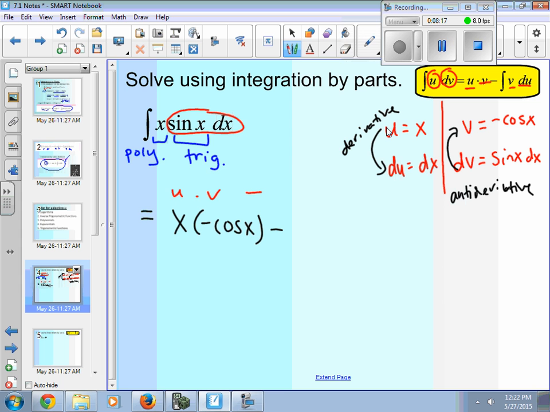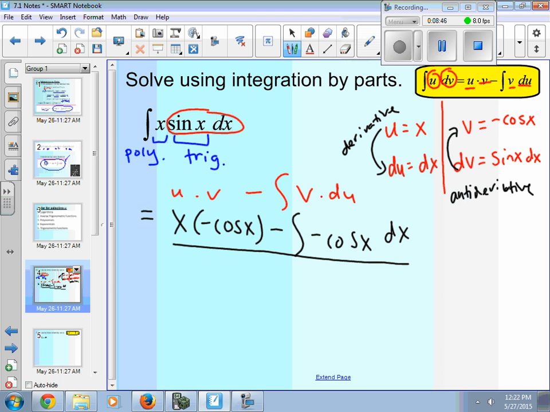And then the integral of v, which is again negative cosine x, times du. And our du over here is equal to just dx. So this integral, if we can solve it, will give us the answer to this problem.